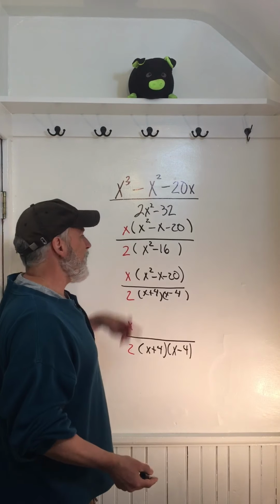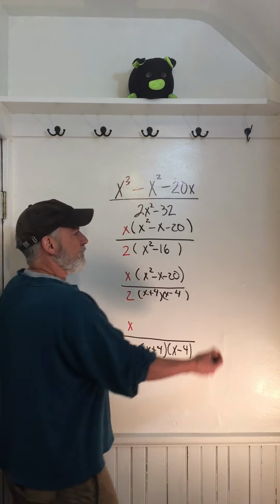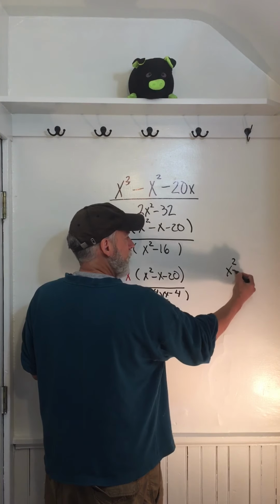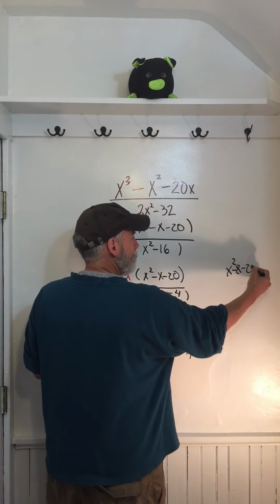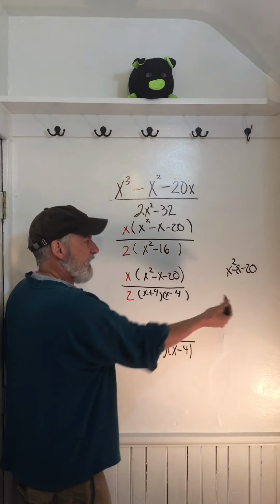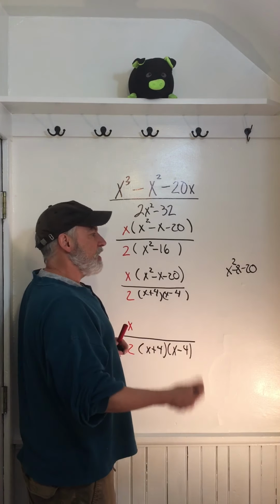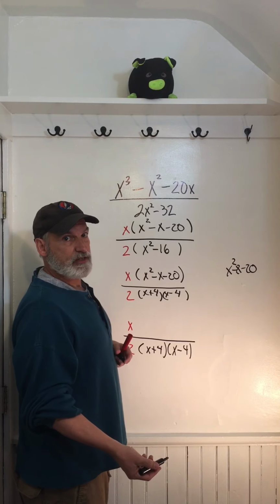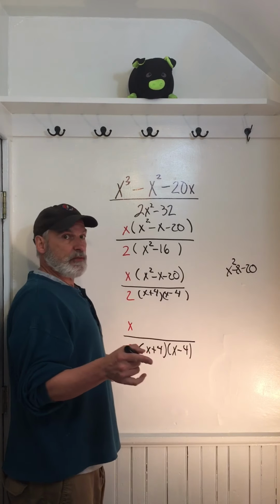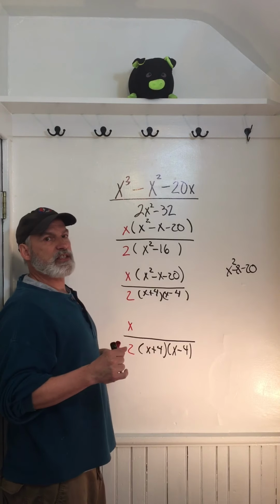Now, when you factor the x squared minus x minus 20, you could write that over here to the side. I hope you can still see this. Okay. And factor it over here with all kinds of guess and check. And you should do that on scrap paper. That's going to make your life easier if you do the factoring on the side. But we actually have something we know here. I want to know if things cancel.